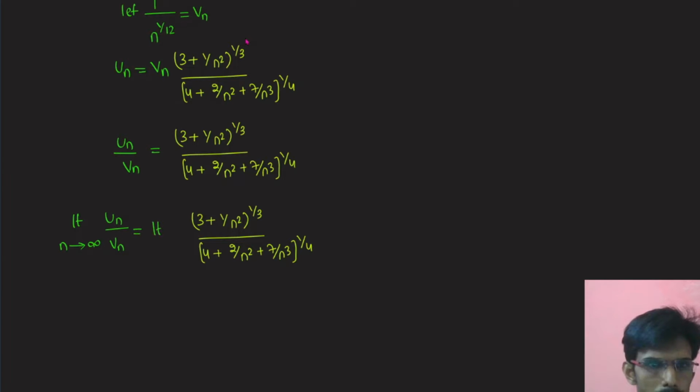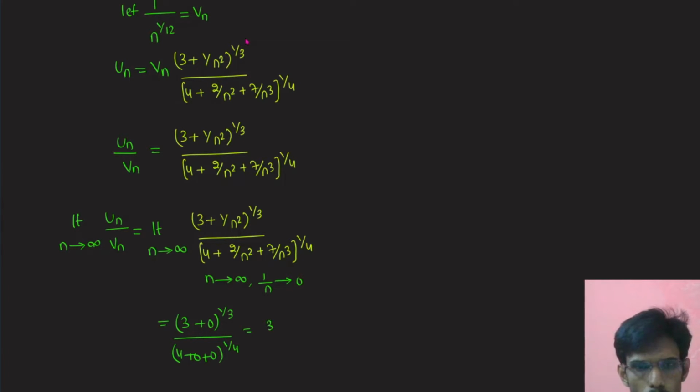Now when n tends to infinity, 1 by n will tend to 0. So here I will get 3 plus 1 by n square will be 0, whole power of 1 by 3, by 4 plus 0 plus 0 whole power of 1 by 4. So we have cubed root of 3 upon 4th root of 4.